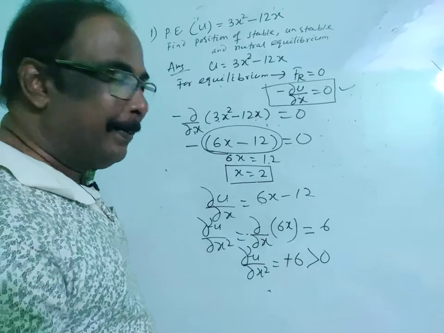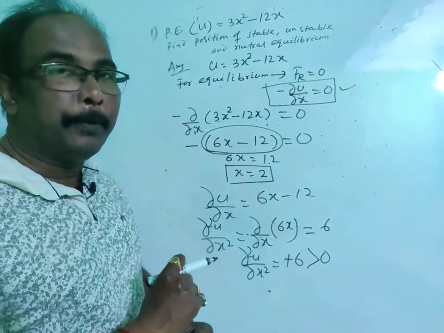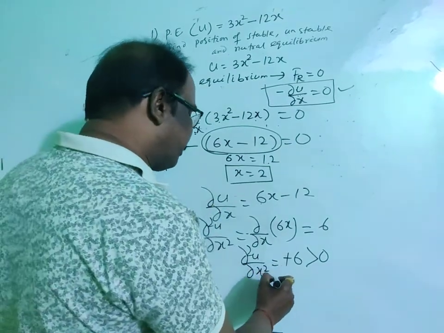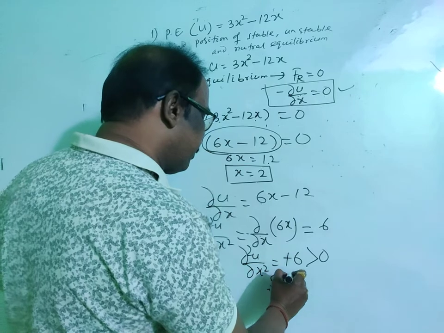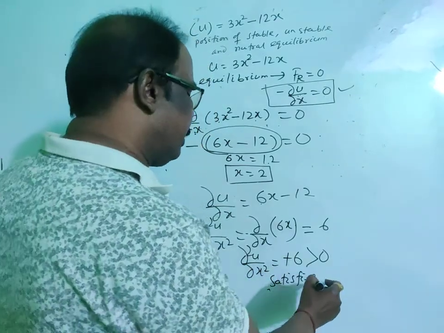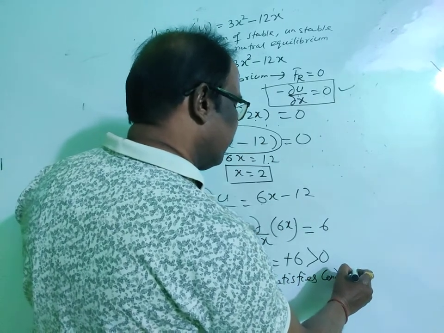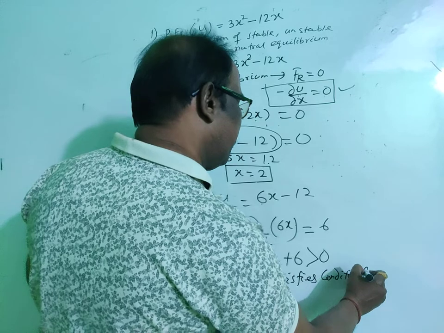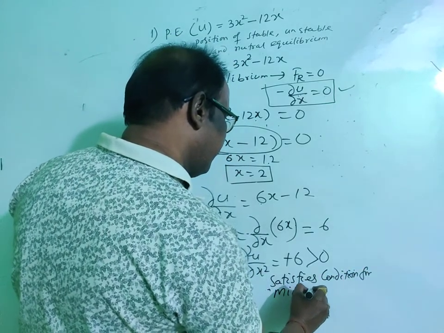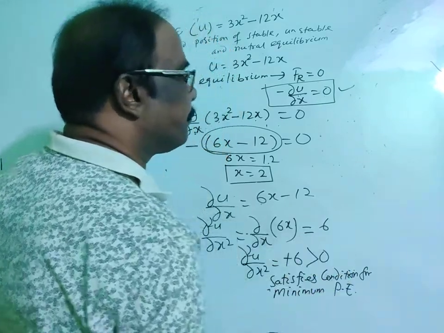As we know, if d square u by dx square is greater than 0, then this satisfies conditions for minimum potential energy.